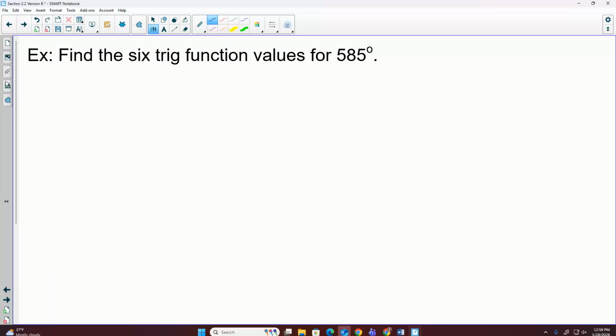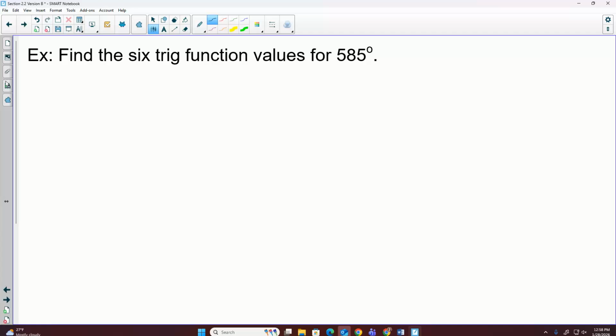Let's look at this one. Alright, I want all 6 trig functions for 585 degrees.